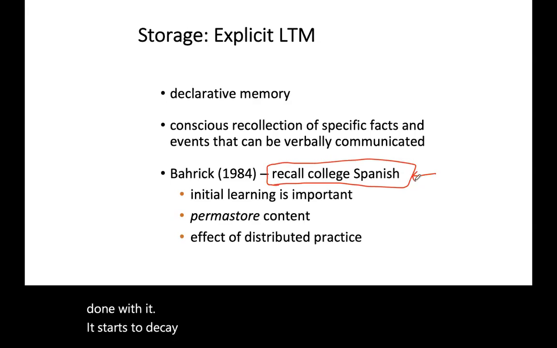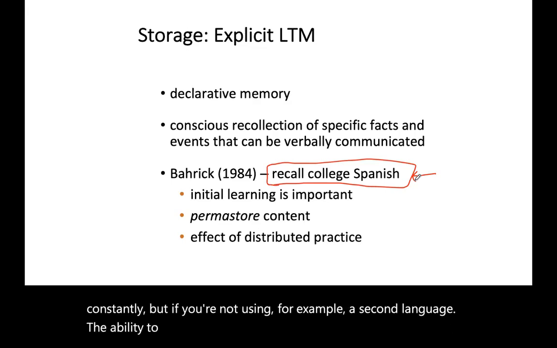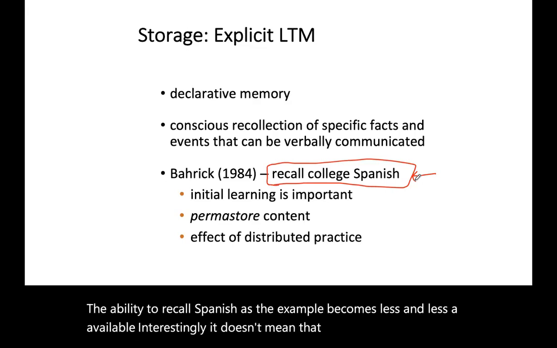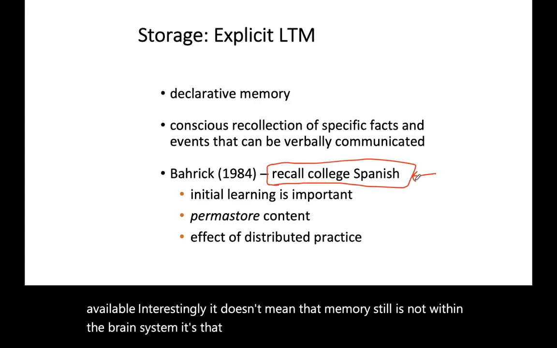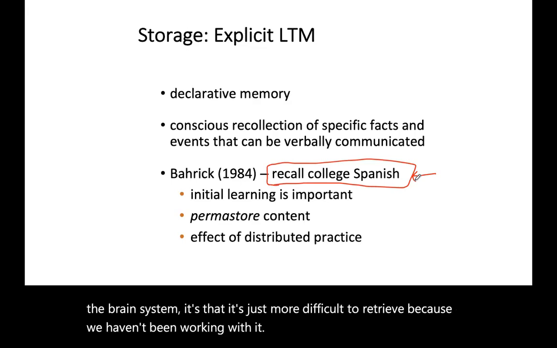If you're not using, for example, a second language, the ability to recall Spanish as the example becomes less and less available. Interestingly, it doesn't mean that the memory is not still within the brain system. It's just more difficult to retrieve because we haven't been working with it for a while.